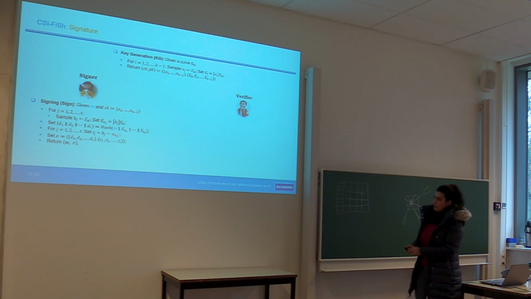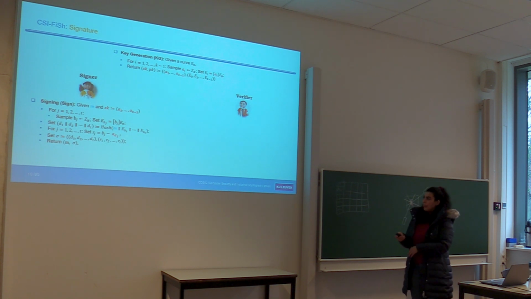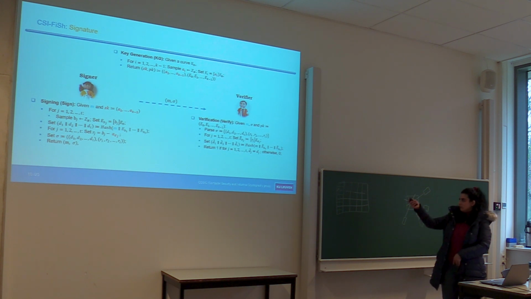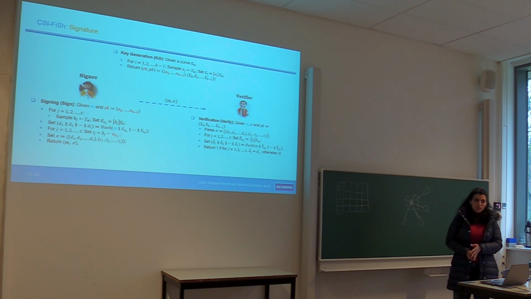And then she follows the protocol and opens this in one go. I mean, as a signature it is non-interactive, and this is the signature. She returns the message and signature to the verifier, and the verifier can easily check whether the signature is valid or not.